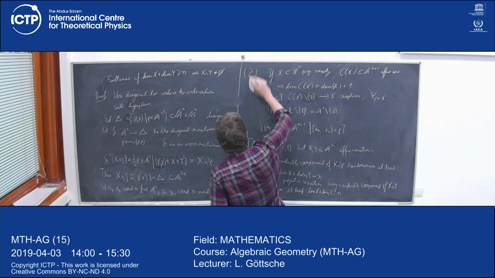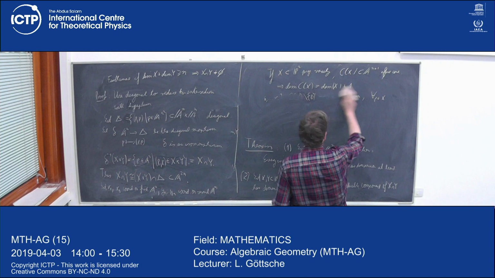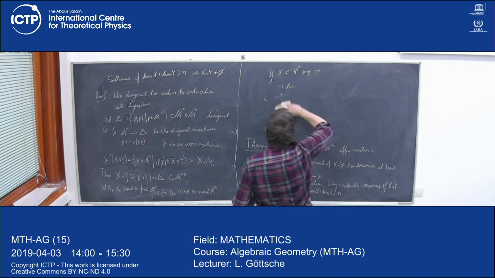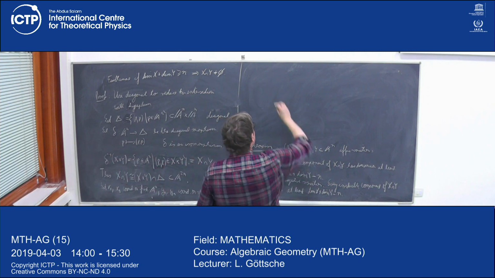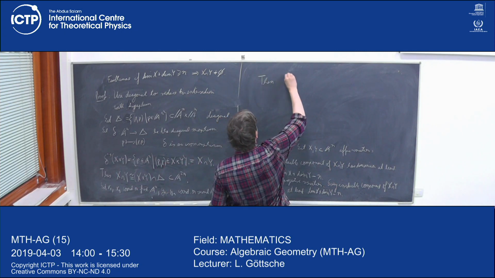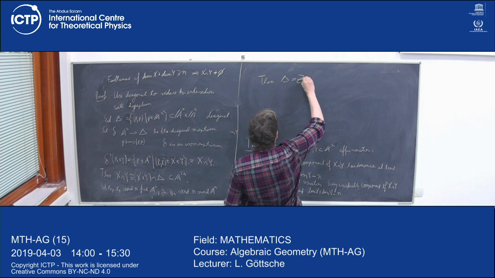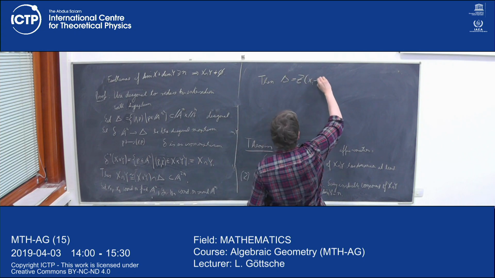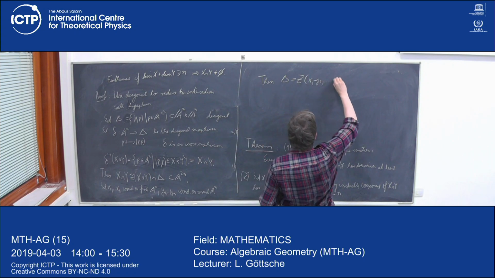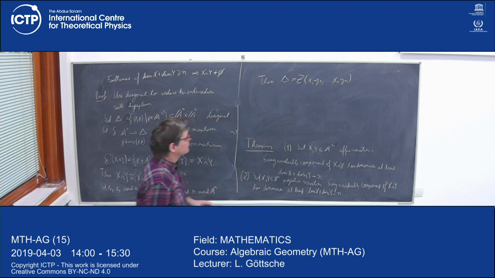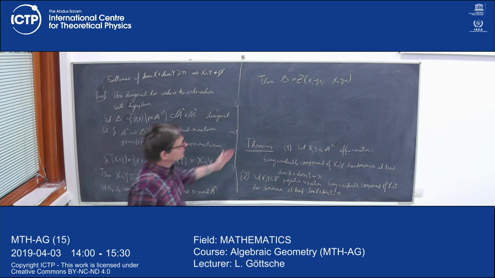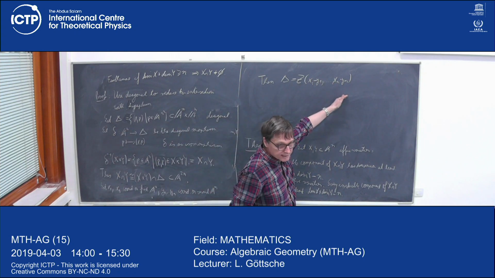Then the diagonal is just the zero set of x1 minus y1 up to xn minus yn, because to say that two points, one in the first factor and one in the second, are the same, precisely says that each coordinate is the same.